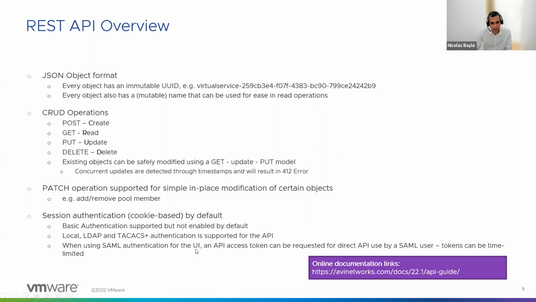Of course, by default, it's better to use a session authentication versus the basic authentication here. And if you are using SAML, for instance, we can provide a token that you can get directly from the API, so that later you can reuse this token, which has a lifetime, for handling authentication.